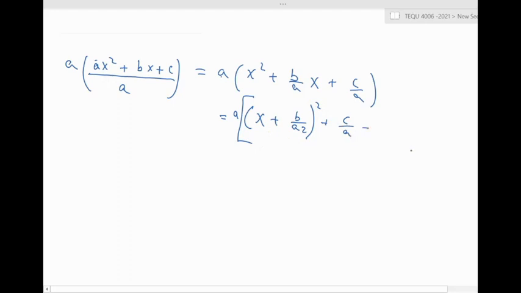Now, here's the part that you have to be very careful. All this part here, if I fix this so it looks better. So you have, as I said, b over a, but that also has to be multiplied by 1/2, right? There we go. Now, c over a minus, now all these have to be squared. So you will end up with 1/4, the 2 squared, b squared over a squared.